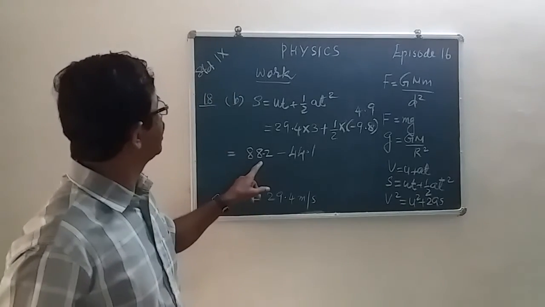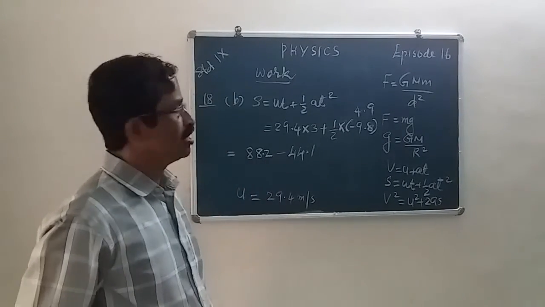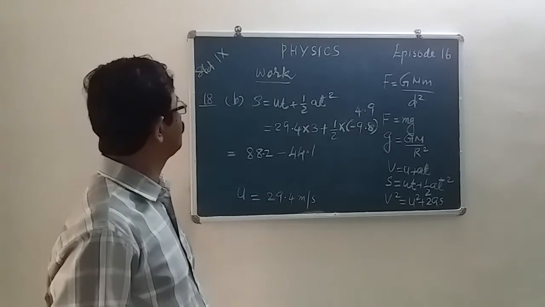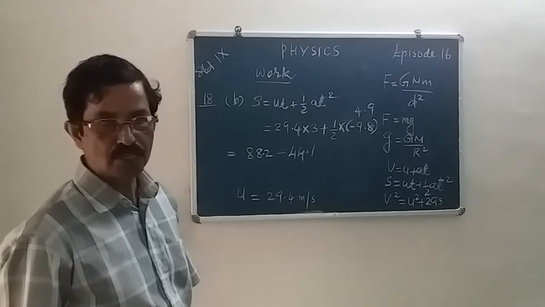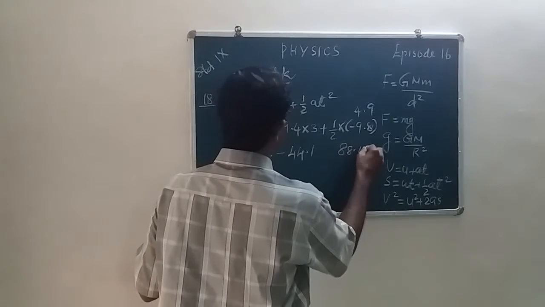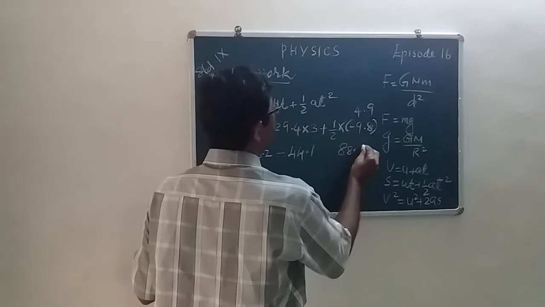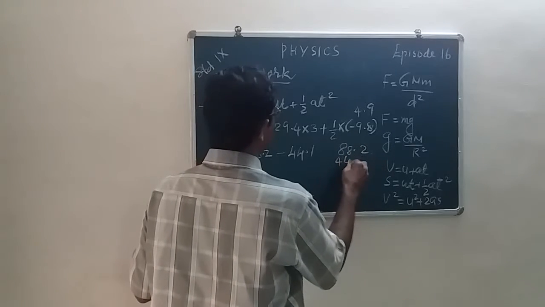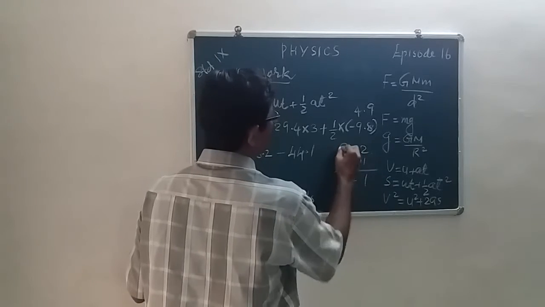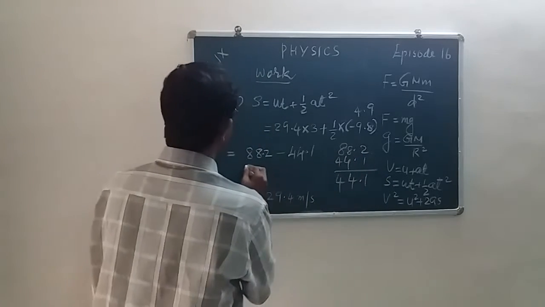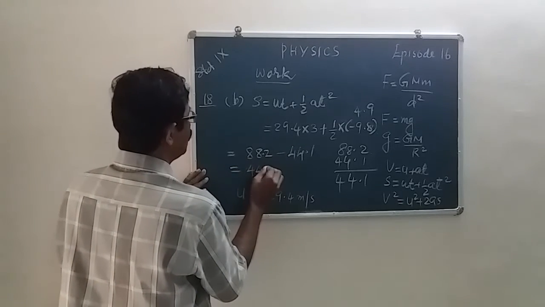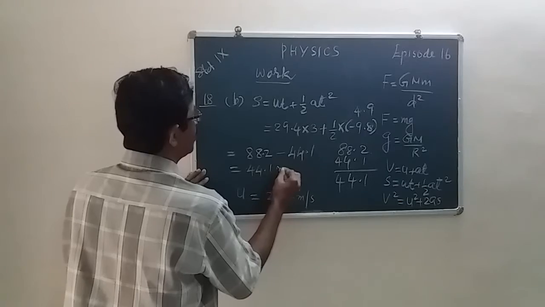Now from 88.2 we want to subtract 44.1. How much will it be? We can find out from this: 88.2 minus 44.1 is equal to 44.1 meter.